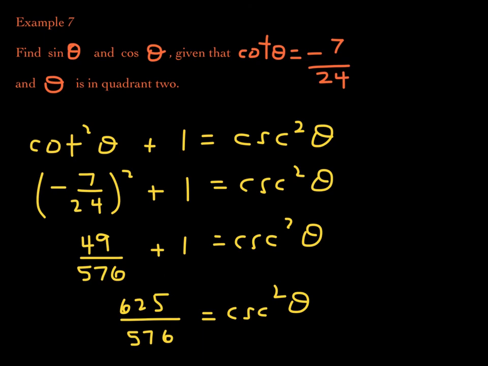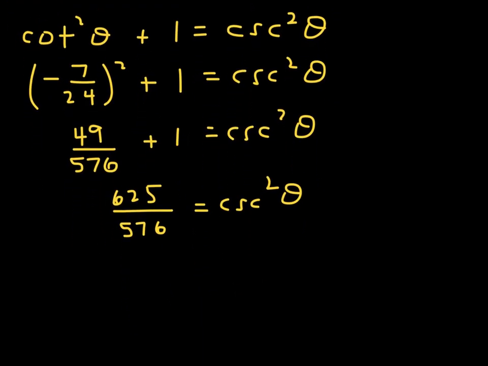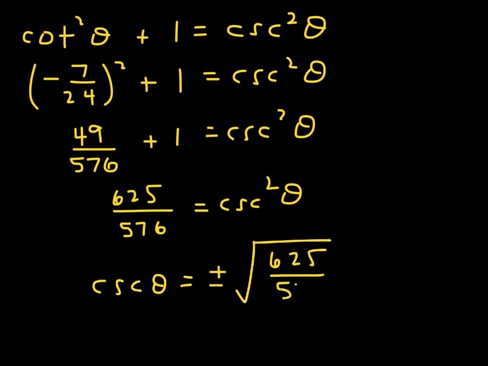Let's take the square root of both sides. And when you take the square root of both sides, you get cosecant of theta is equal to plus or minus the square root of 625 over 576, which is plus or minus 25 over 24. Now, should we be taking the positive root or the negative root?